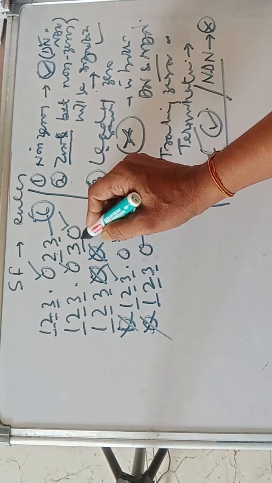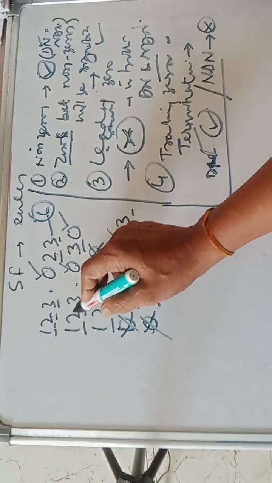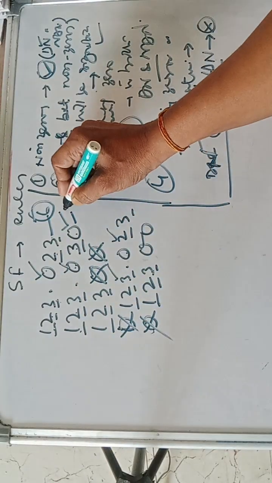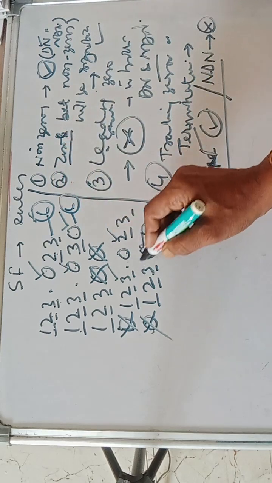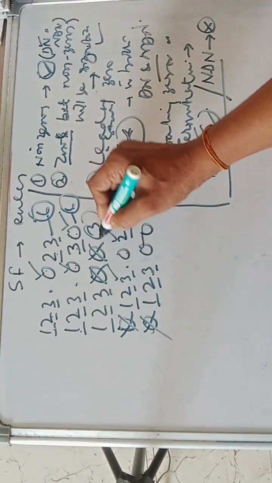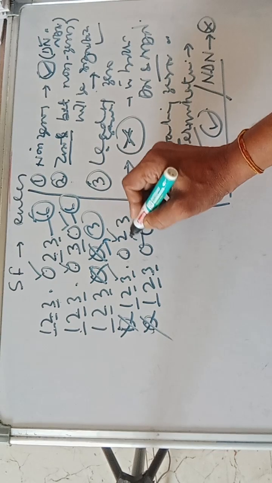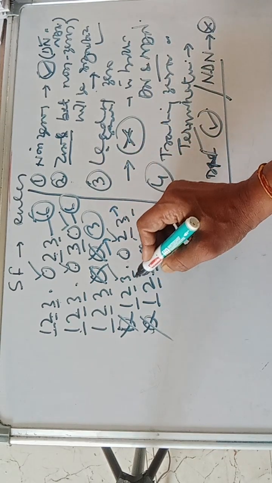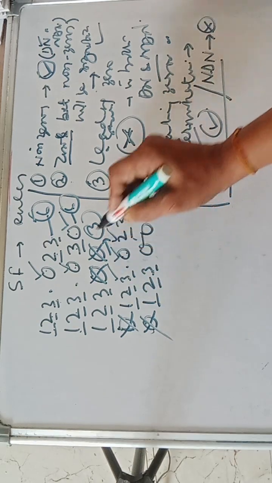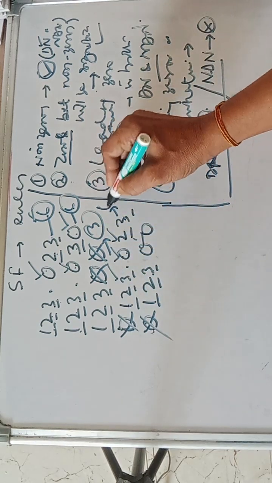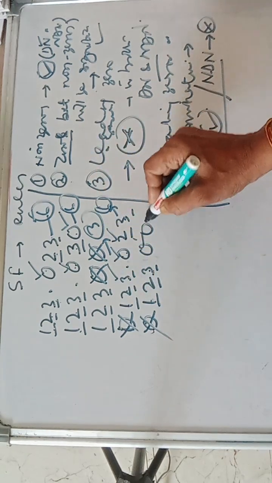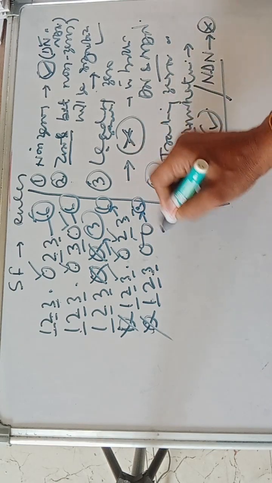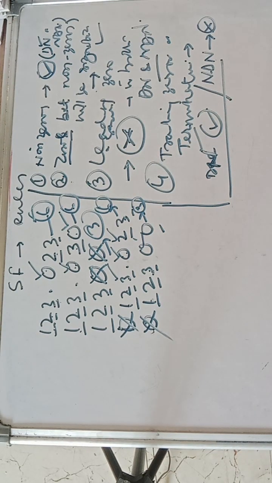In this case it will have 6 decimal digits. In this case, 3 decimal digits. In this case, 6 decimal digits. In this case, 3 significant digits.